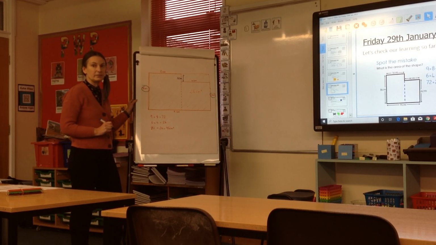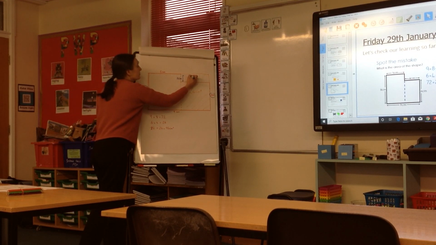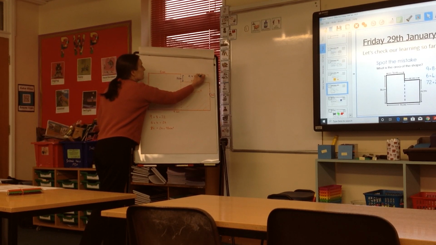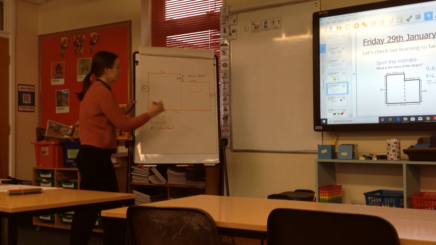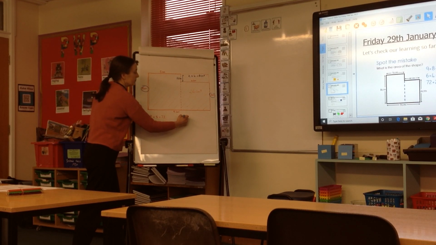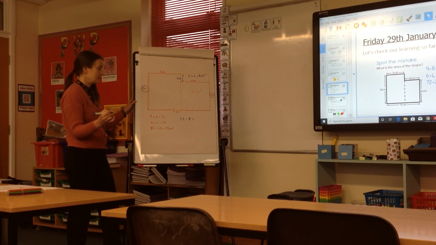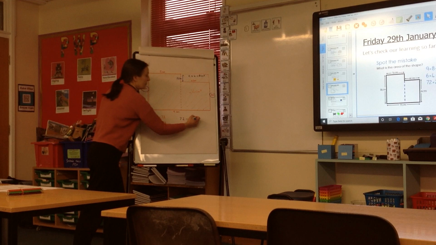Well done. And then you do 2 times 4, which would equal 8. Yeah. And then you would subtract it from 72 to get your answer. Well done. So the answer would be 64 centimetres squared.